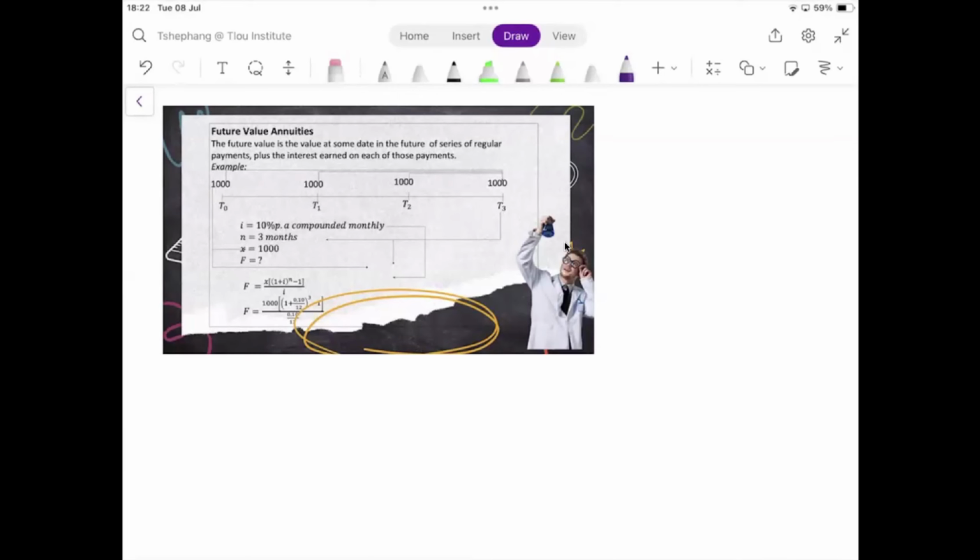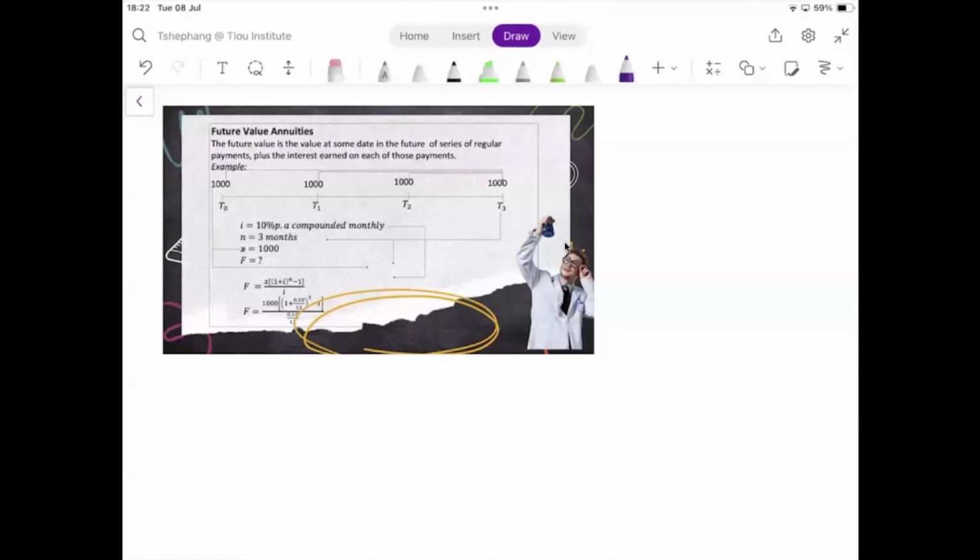A lot of people would say that the future is when you are saving, right? But let's not define it that way. Let's imagine a lump sum of money. If the lump sum of money is going to exist somewhere in the future, it doesn't exist now. That's when you use the future value.